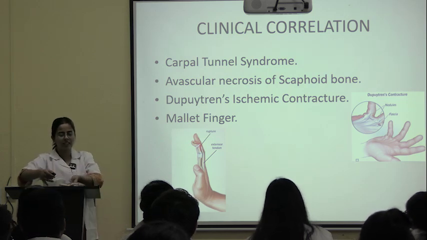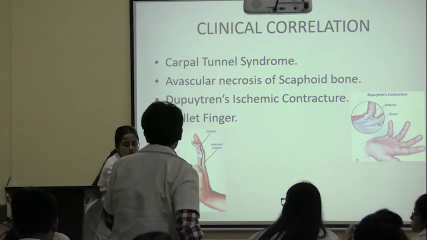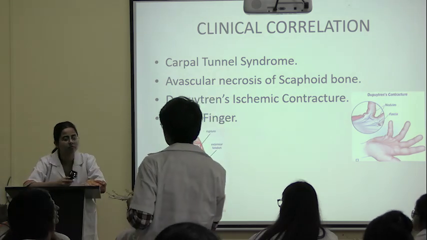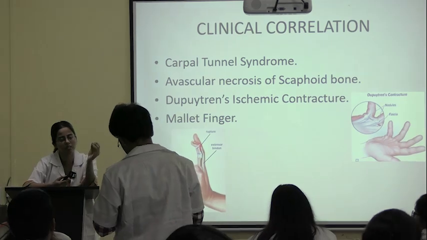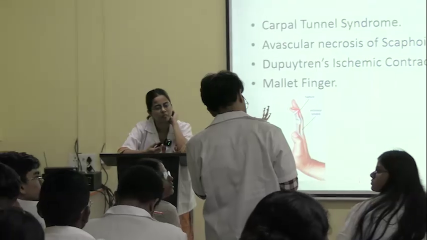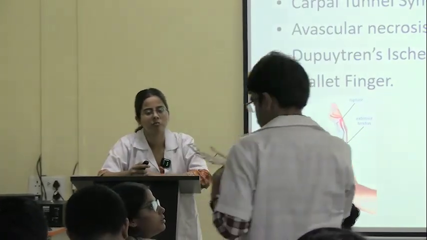Can you take this bone and explain? There are many arteries. From distal to proximal it goes. You can tell loudly so that everyone can listen. So this is the scaphoid bone.